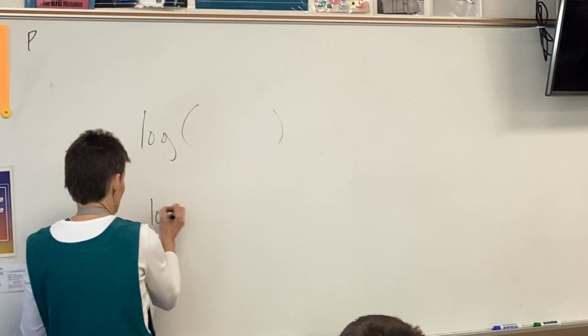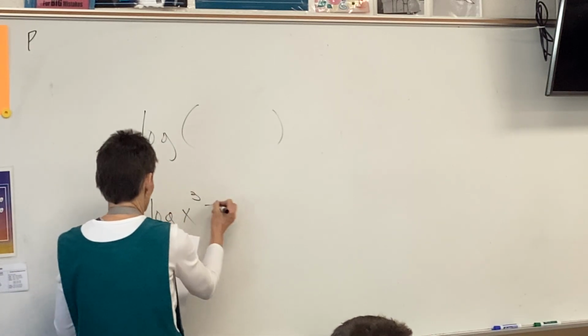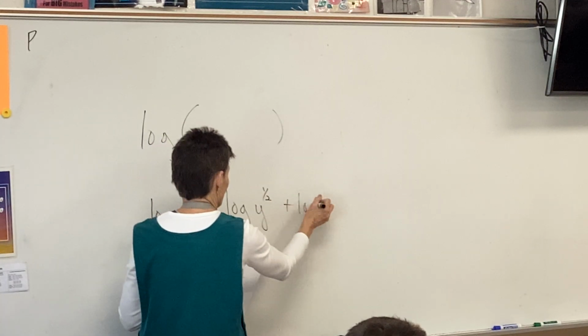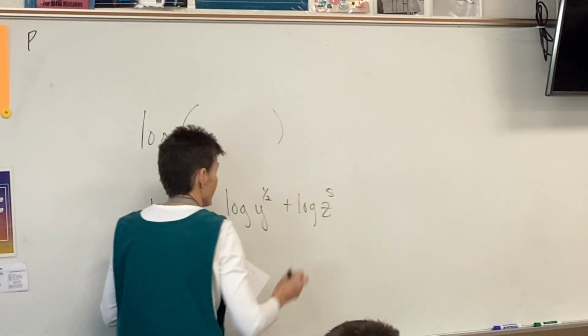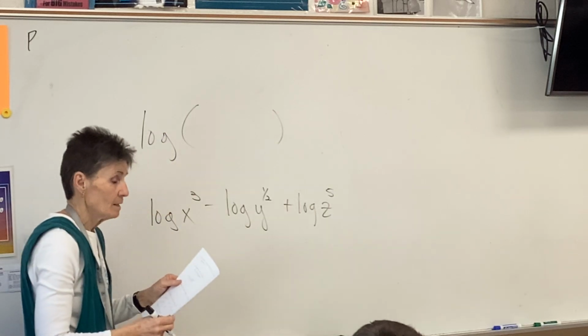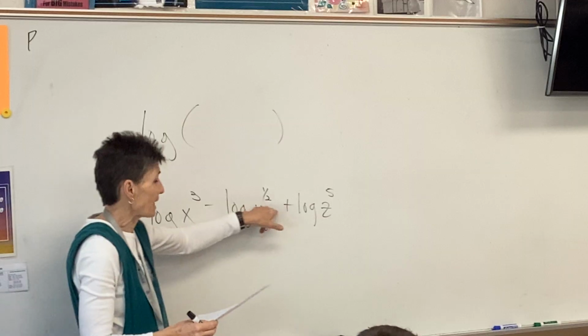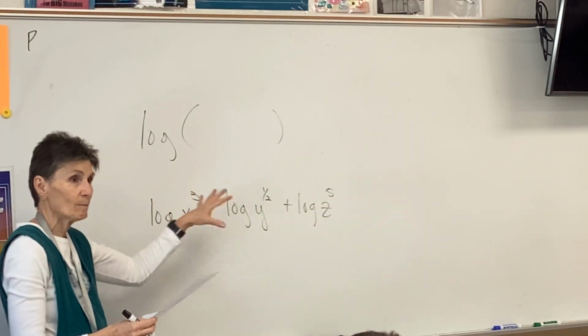So, go ahead, Parker. What about y to the half, times... So Parker is suggesting that first of all, we take care of these exponents, so is that okay with everybody?